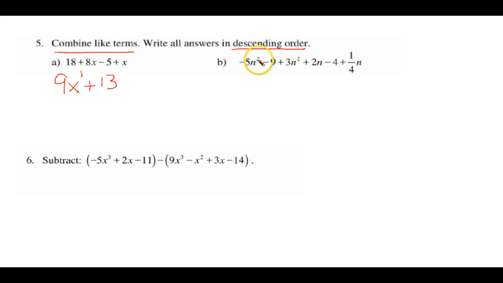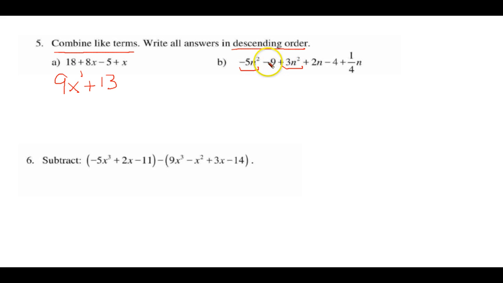So let's take a look at this one. Now here they're saying we have like terms. Let's identify those first. So these are like terms. Now when we are combining like terms, we only deal with the coefficients.